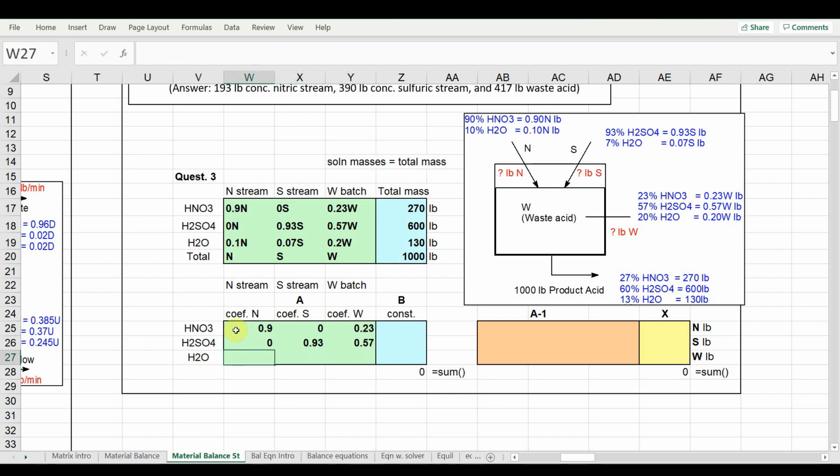For water, 0.1, 0.07, 0.2. Now the matrix of the constants, we take the first three values for the first three equations, 270, 600, and 130, for a grand total of 1,000.